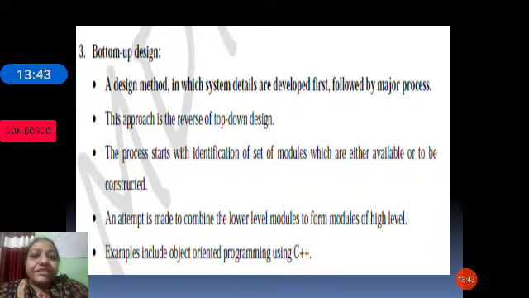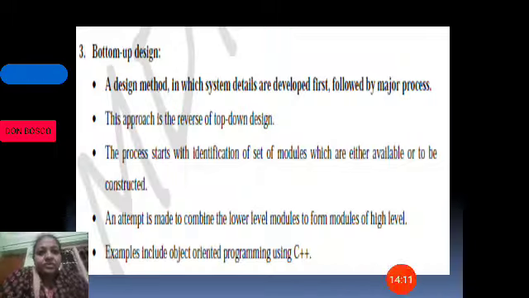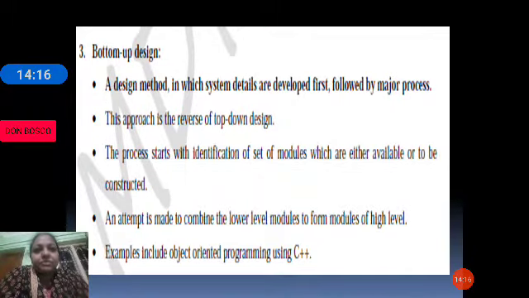First we identify the modules required, we design the modules, and then we combine the lower level modules and upper level modules to form the complete solution. For example, C++ uses object oriented programming and that works on the bottom-up approach. So this is about the bottom-up design or bottom-up approach.